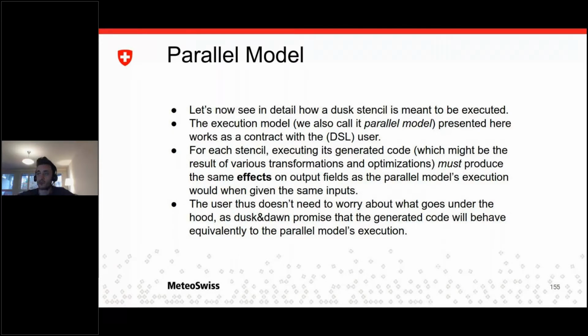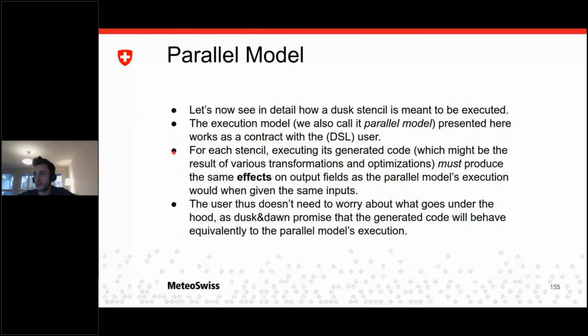While if you provide some abstractions, you hide those details behind the syntax. And thus, it's a good idea to present to you the execution model of the DSL, to be a complement to the explanation of the syntax and of the semantics, to really understand how to use the DSL and to write really complex codes with it. The execution model, we call it parallel model. I think right now you should have an idea why, because it's inherently parallel.